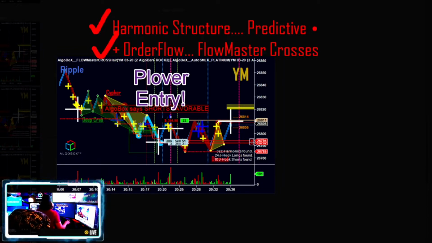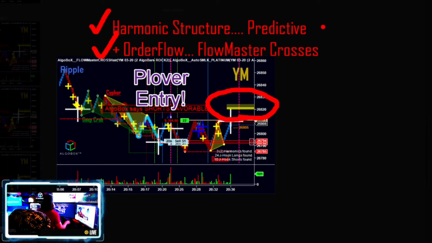Now, if you're not familiar with the harmonic structures that we post forward, we are showing you the end result of a harmonic before it reaches that location. That is what you're seeing right here. If you see a yellow box on the screen, that means this is a location where a harmonic is going to complete, not to be confused with an actual harmonic that is already formed.